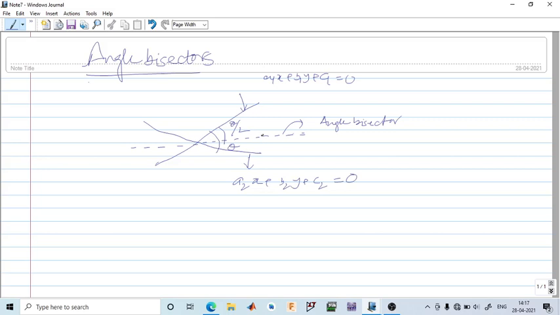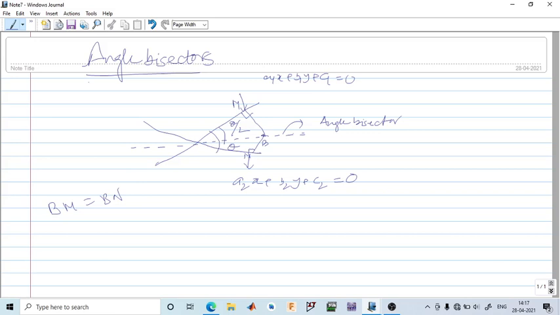Suppose a point B lies on the angle bisector, and we draw perpendiculars to the given straight lines. Suppose the points where they meet the two straight lines are M and N. From the definition we can say that BM equals BN always.